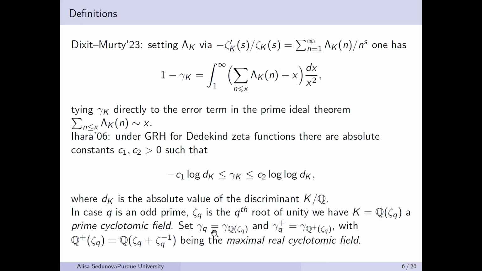We define gamma sub q as gamma attached to this prime cyclotomic field, just for simplicity. And gamma q plus is attached to Q of zeta q plus, where q plus is the field obtained when we adjoin zeta q plus zeta q inverse. We call this the maximal real cyclotomic field. These things are going to appear later, so better memorize them.